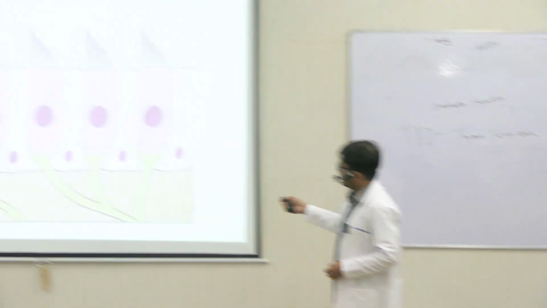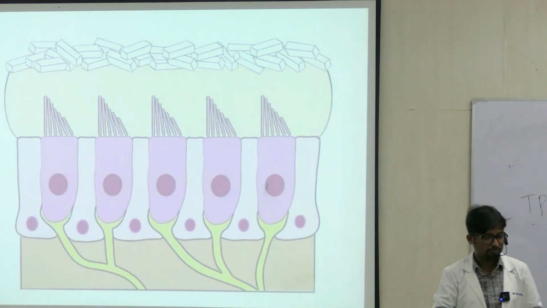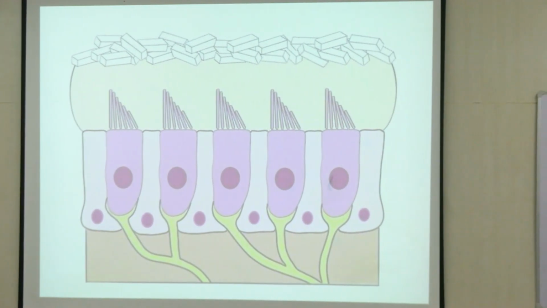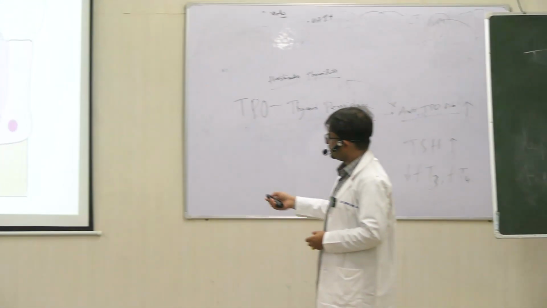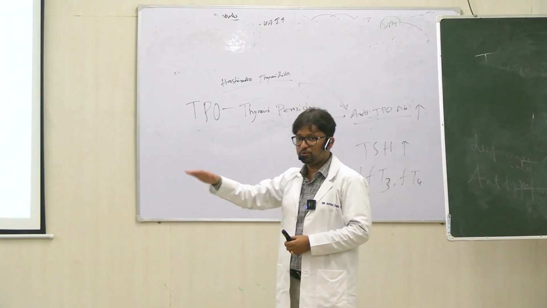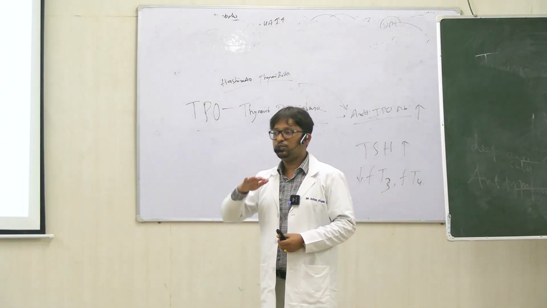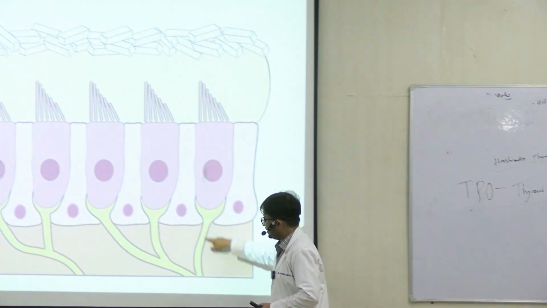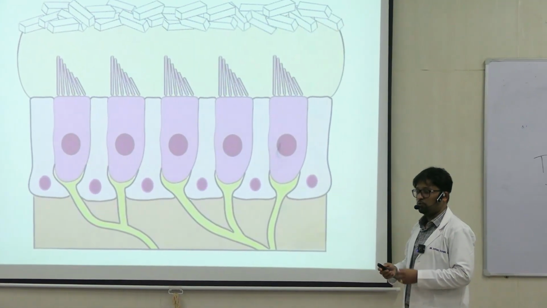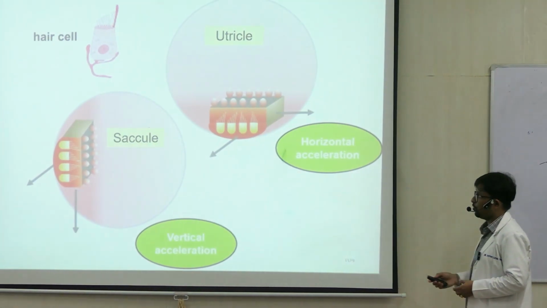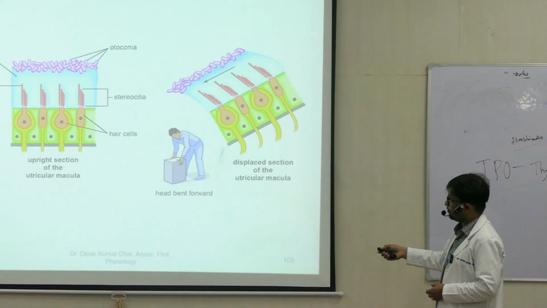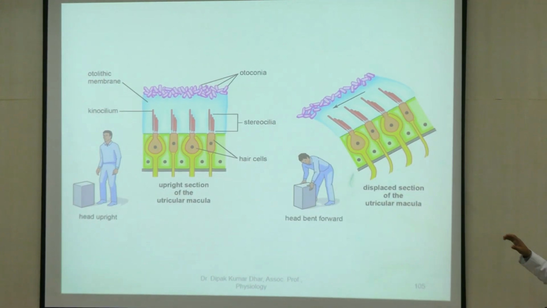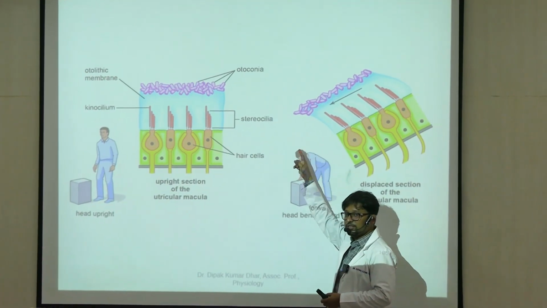This is because on top of these cilia there are crystals of calcium carbonate. These are called statoconia or otoconia, and normally you will find they are uniformly distributed. If you are just standing erect, they are uniformly distributed. There is a uniform bending, so there is a resting rate of discharge in the nerves. Whenever there is a change of posture, you can see what has happened on leaning forward: the crystals have also moved forward. Now these crystals are moving under the influence of gravity.